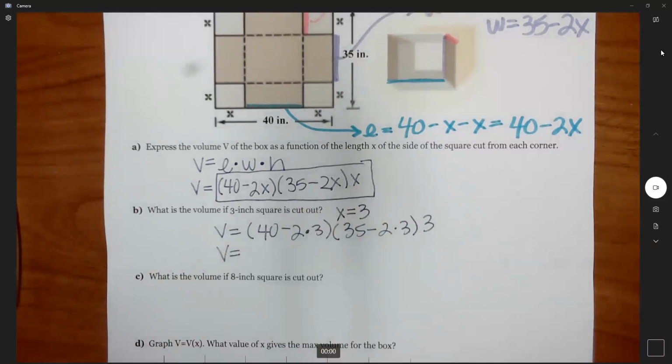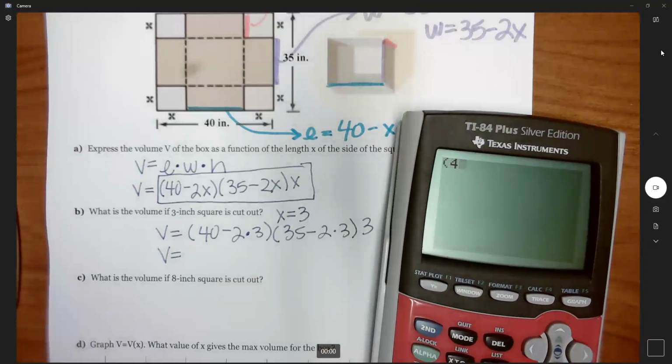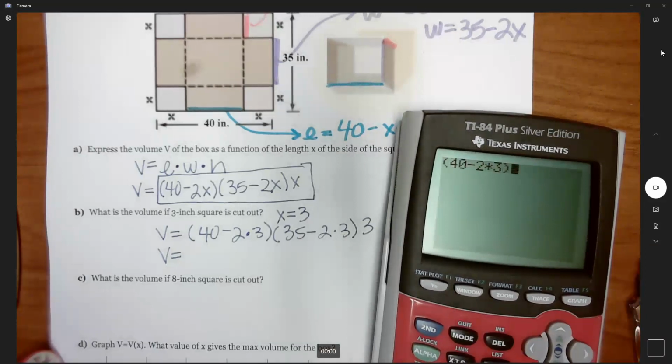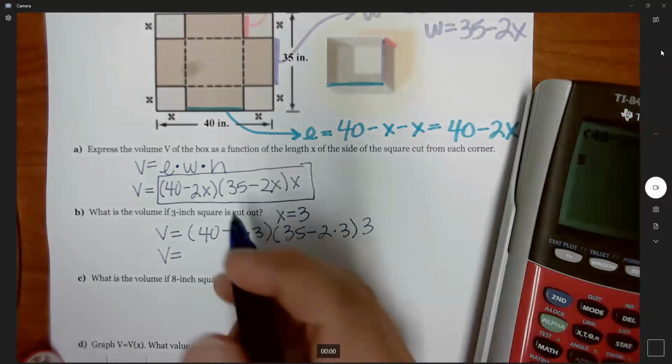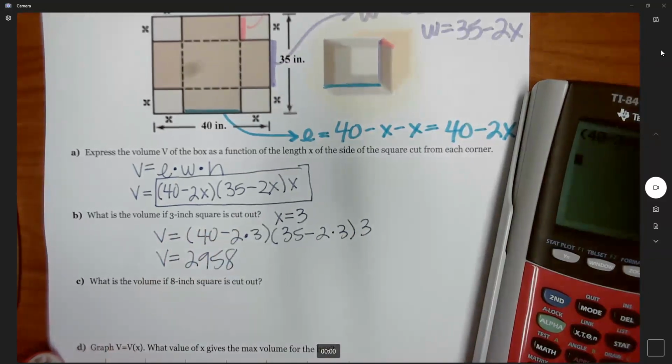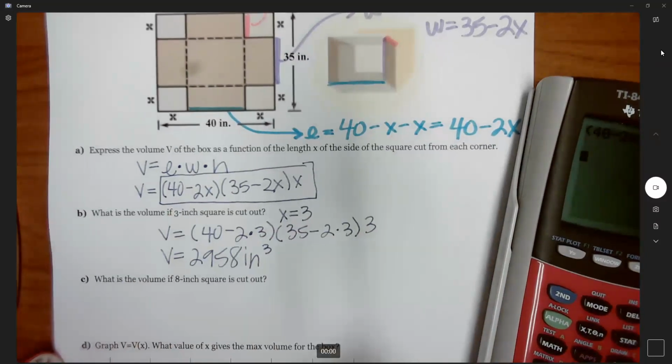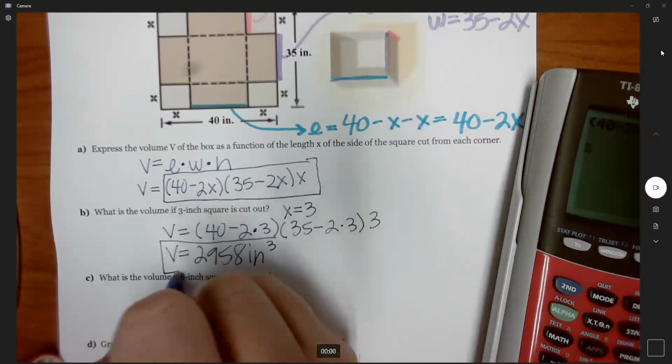This is calculator work, and we're going to type it in just like it looks, parentheses and all. So we get 2958. We are in units of inches and volume is cubed, so we've got inches cubed. That is my volume.